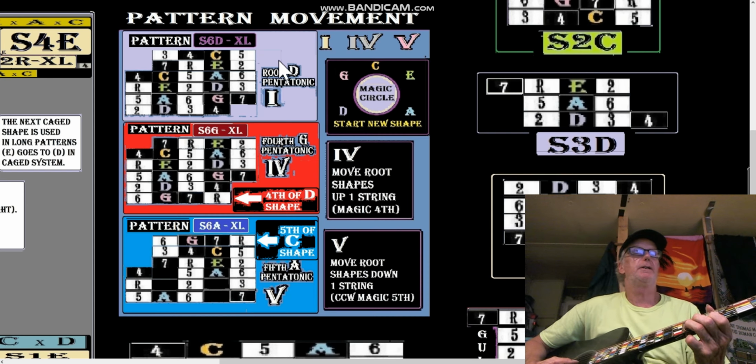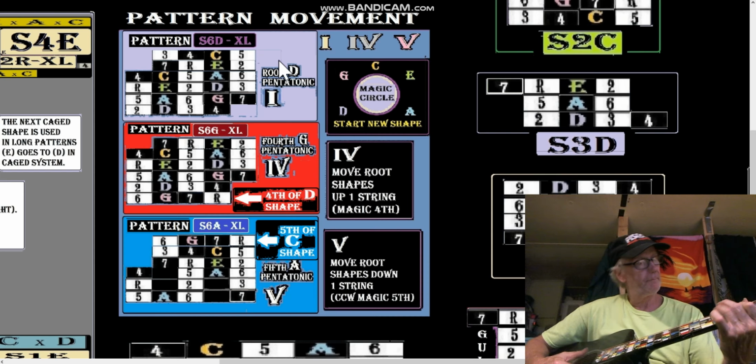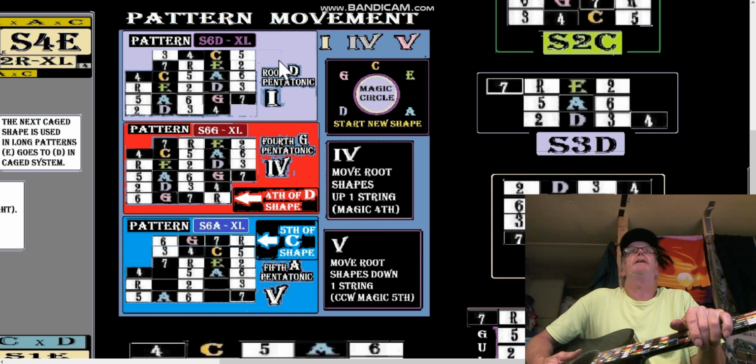So D goes to C again. 5, 6 there. So that's some way I kind of eked my way through the pattern.